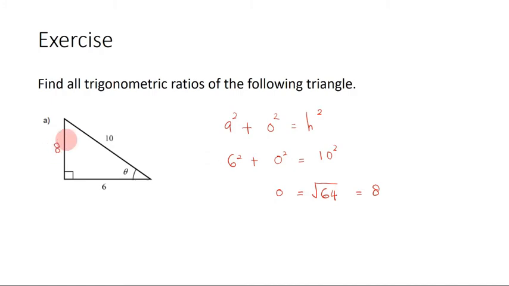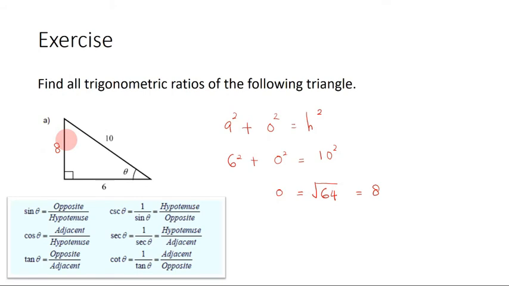For finding all the trigonometric ratios, you must look at the formula of this value. This formula you just substitute and you will get sine theta is equal to 8 over 10 or equivalent to 4 over 5.